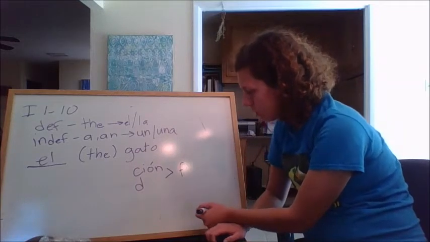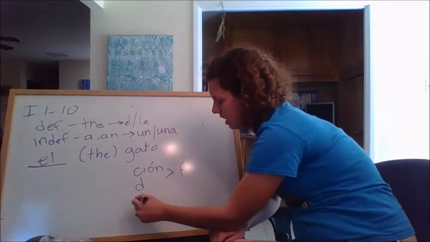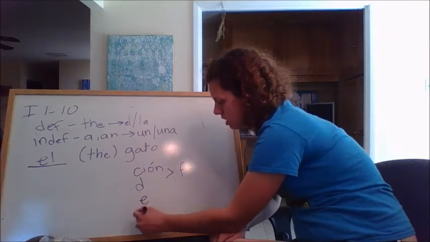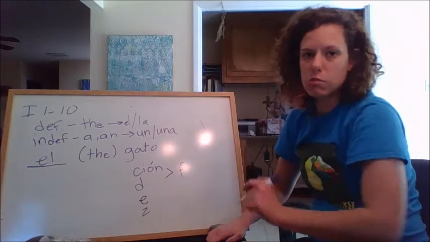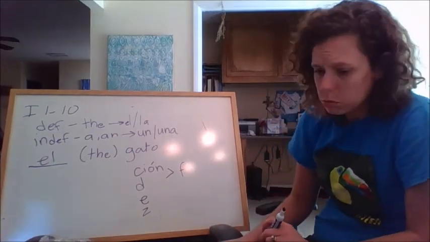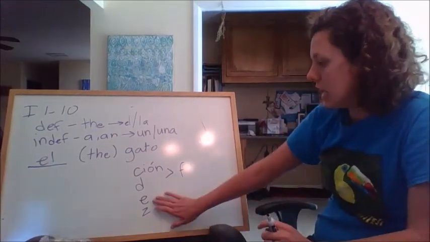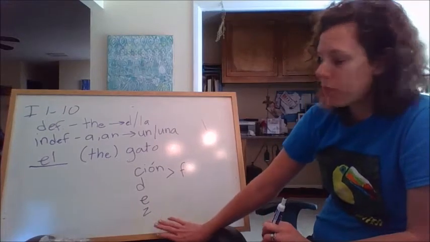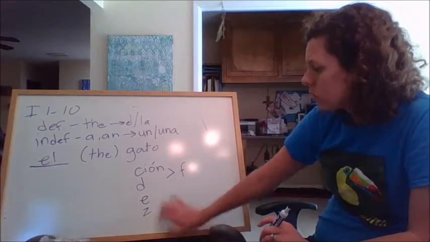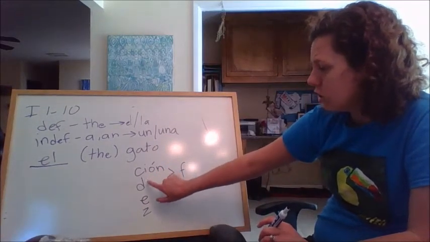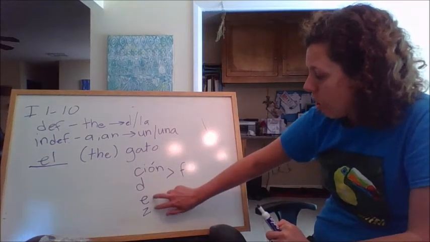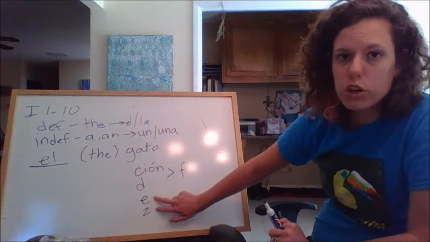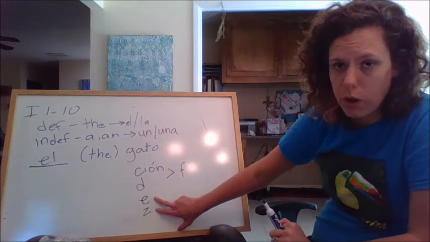If a word ends in an E or a Z, sometimes words are masculine and sometimes they're feminine. So you need to know if it ends in D or sion, it's feminine. The only way that you're going to know these, I took words right from your homework, okay?